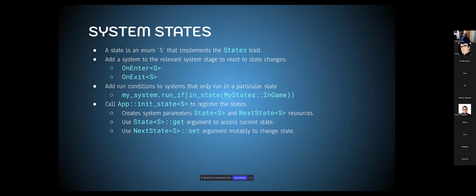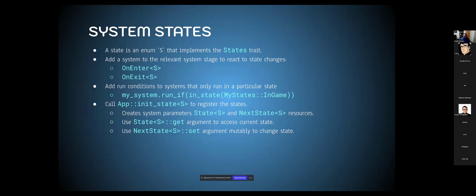Finally, you need to register the states as well. So you call the init state method, which is a generic method based on your enum. And what that will do under the hood is create two resources, the state and the next state resources, and you can reference them directly as system parameters.